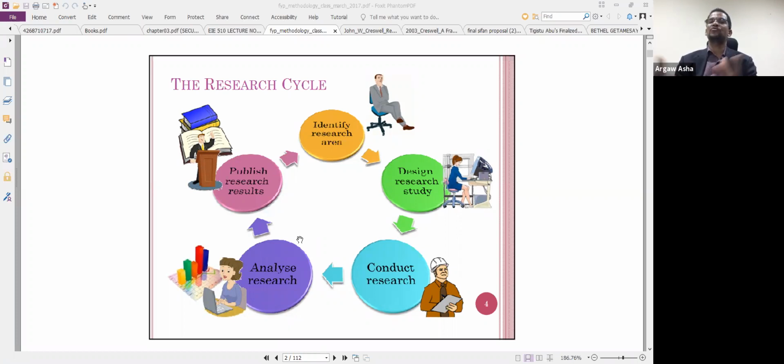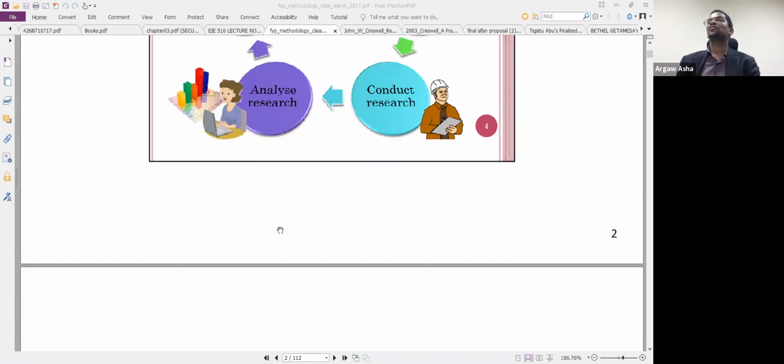The results show the audience that, okay, the bridge collapsed because of some flood; you will show them your result. And finally, you can publish research results. You can publish in terms of books, journals, articles, whatever, depending upon the source.